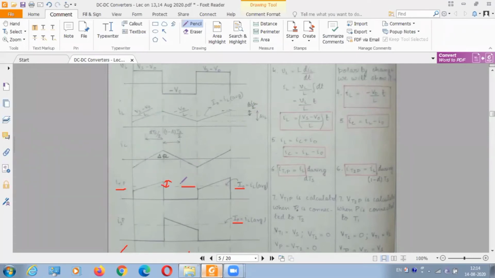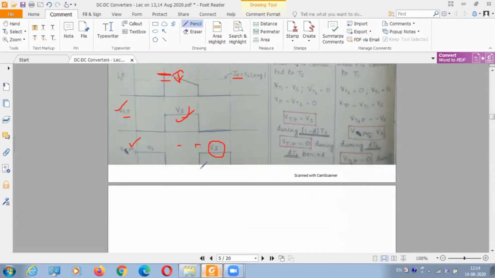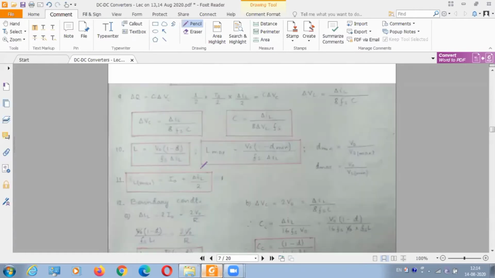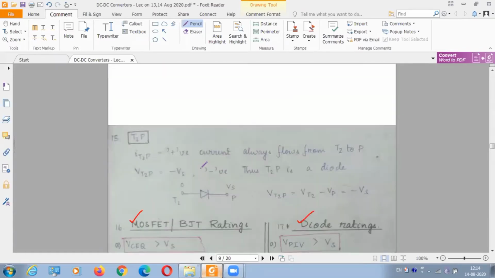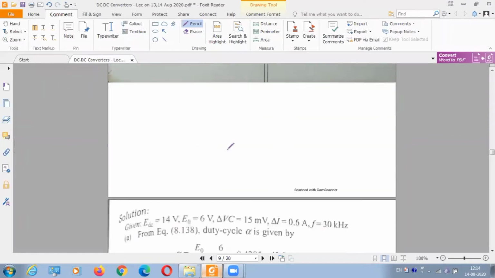So I0 plus del IL by 2 will give you this peak point. Similarly, if this is I0 and this is del IL by 2, this peak point will be I0 plus del IL by 2. So the maximum current that the diode and the MOSFET should handle is I0 plus del IL by 2, and the maximum voltage is Vs.